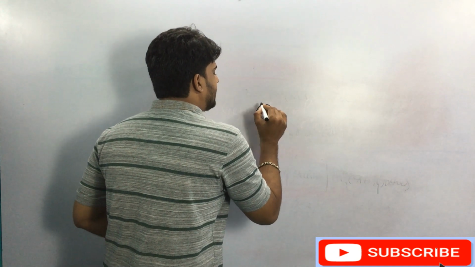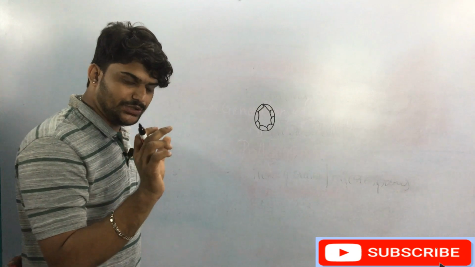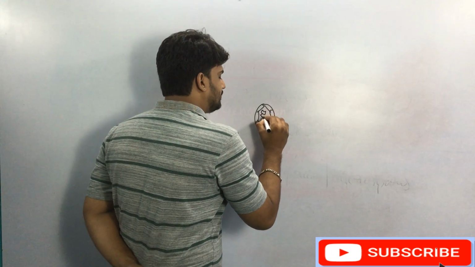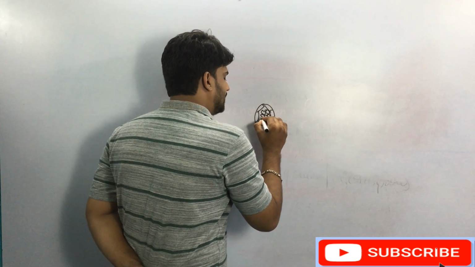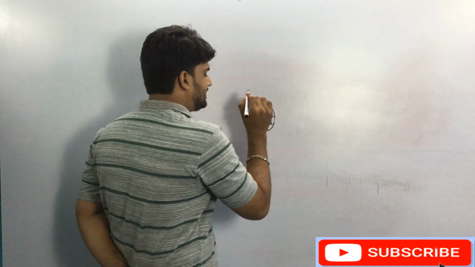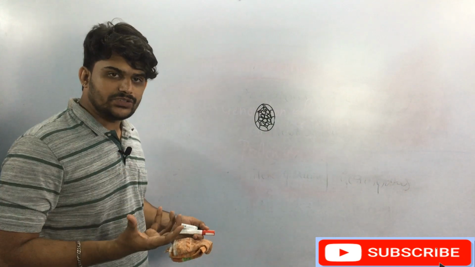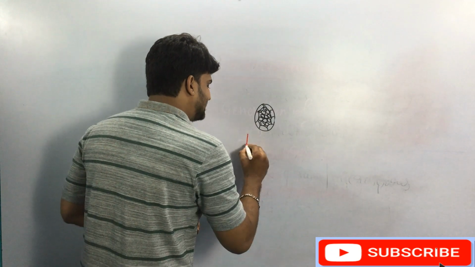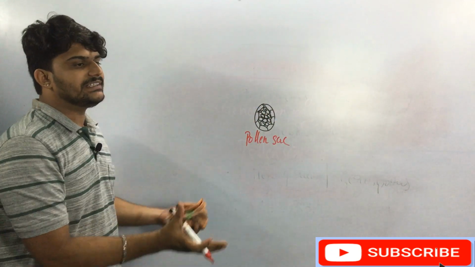In pollen sacs the sporogenous tissues are in a polygonal shape, tightly arranged, with no space inside the pollen sac. As the anther grows, the pollen sac also increases its size.